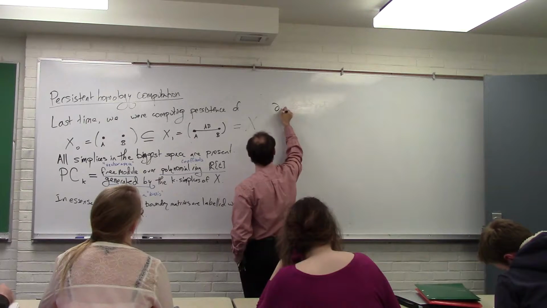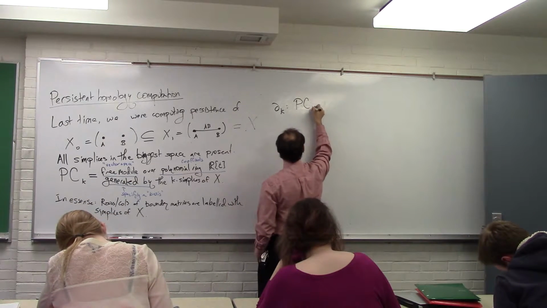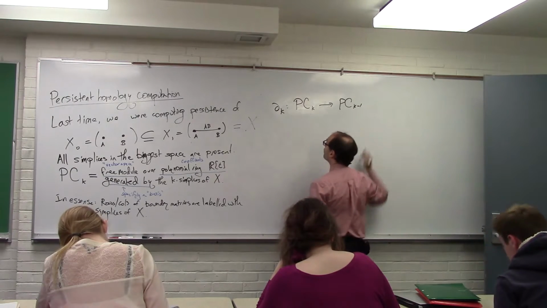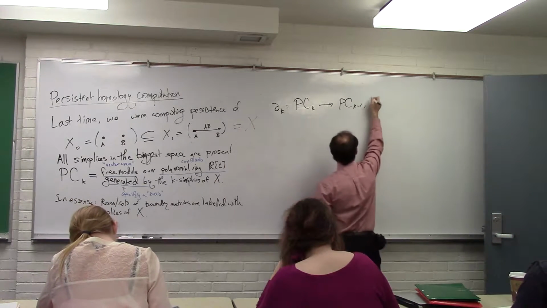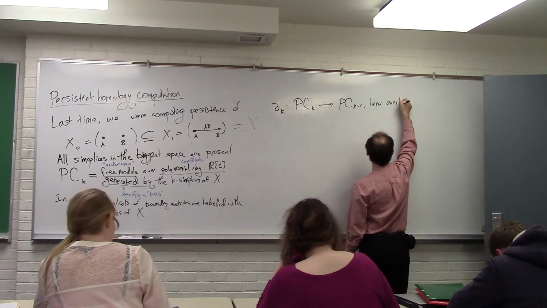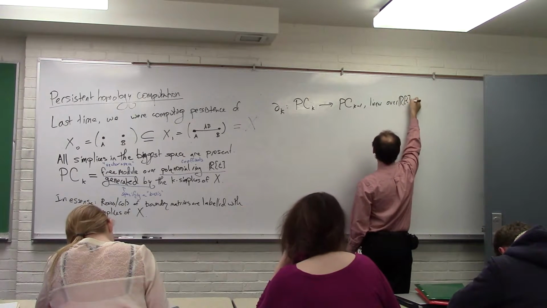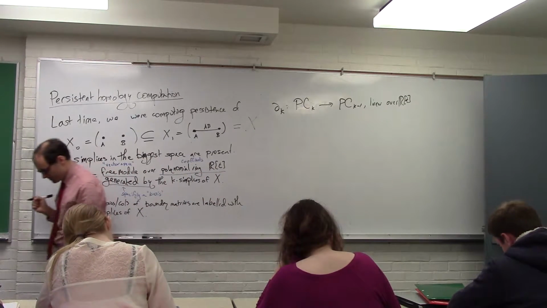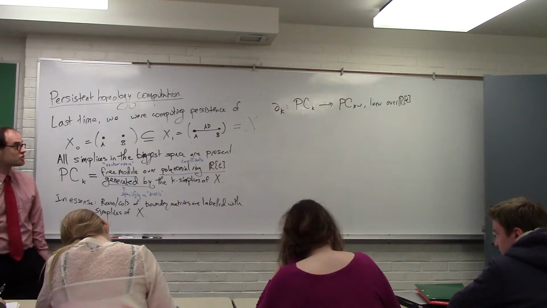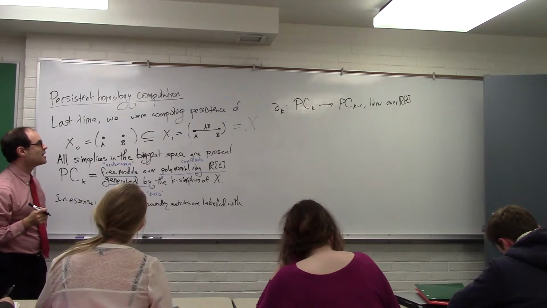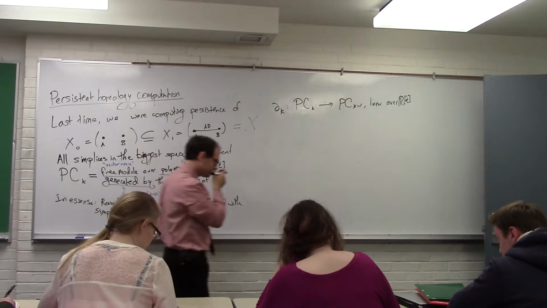So, boundary K will go from PCK to PCK minus 1. As before, it's a matrix. It's linear over R of T now, so it's linear over multiplying through by polynomials. So my polynomials are my coefficients. Fine. So it's still in matrix form.